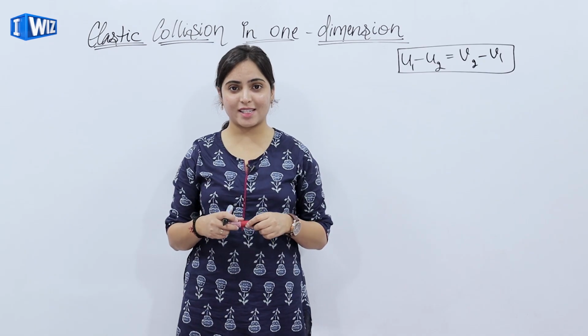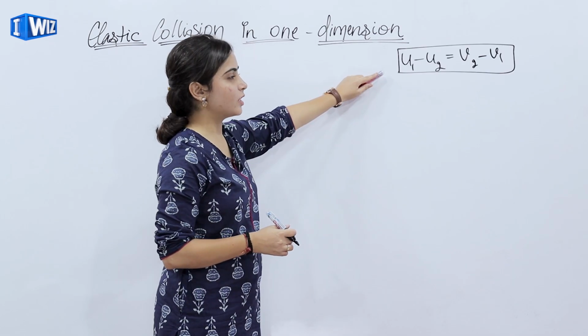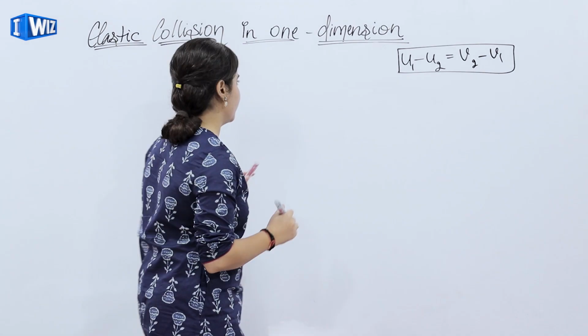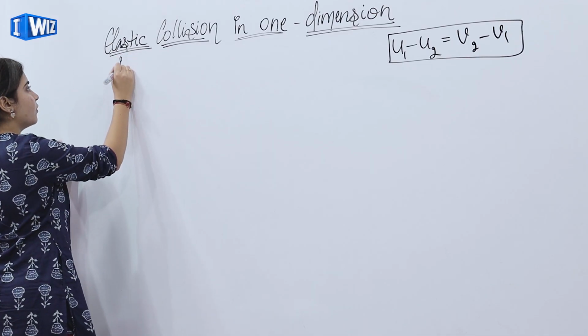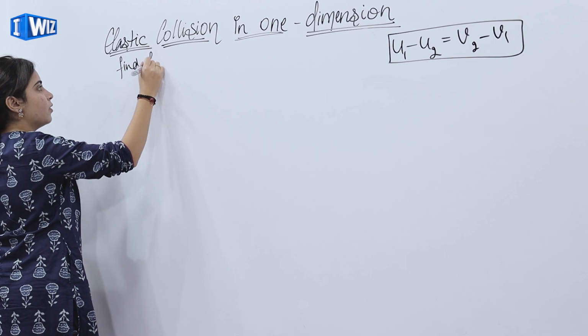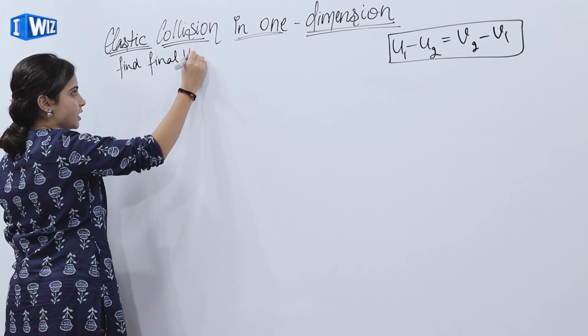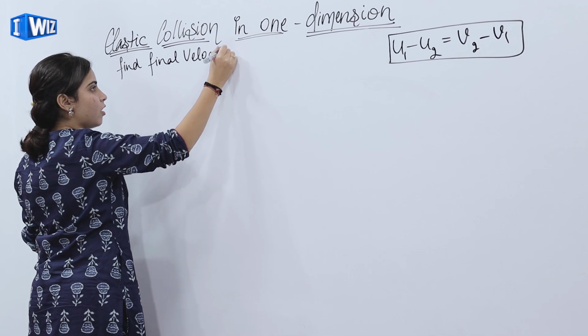Now from the previous derivation we have come to this result. Using this result we'll find the final velocity of the object.